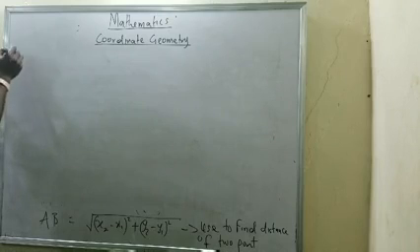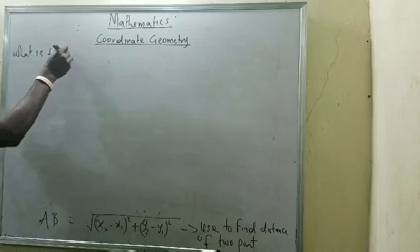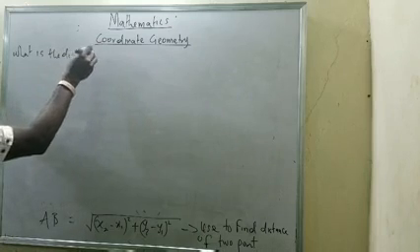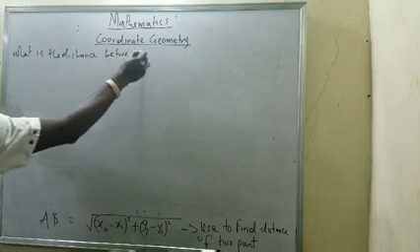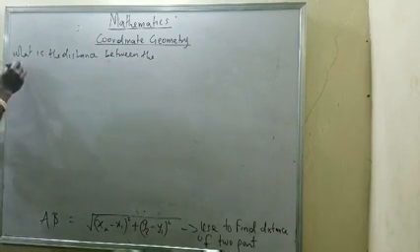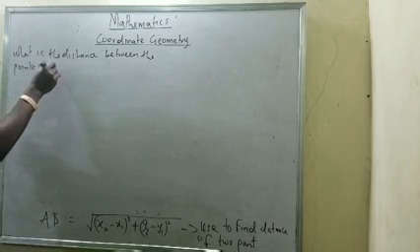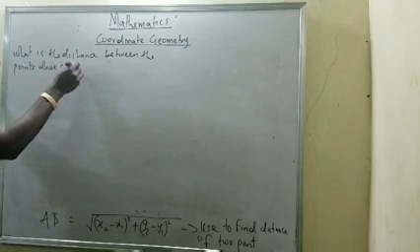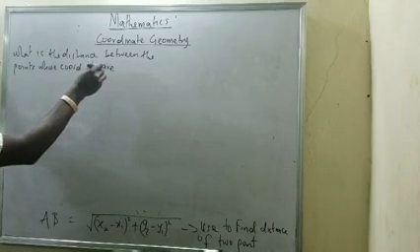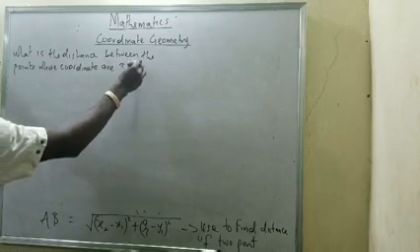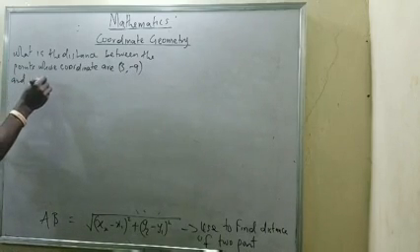Okay, the first one is: what is the distance between the points whose coordinates are 3, minus 9 and minus 4, 15?